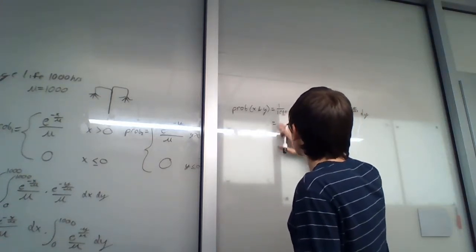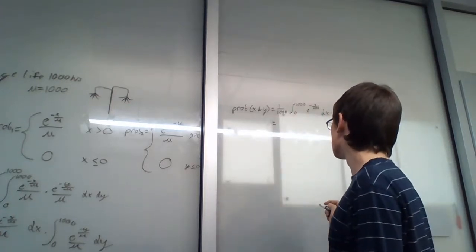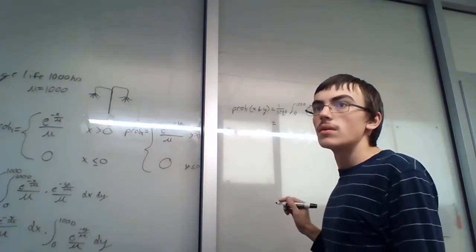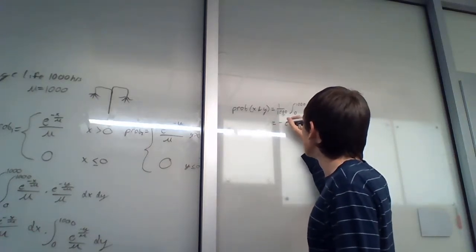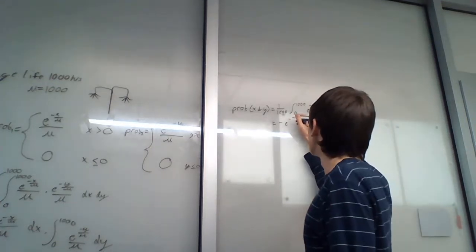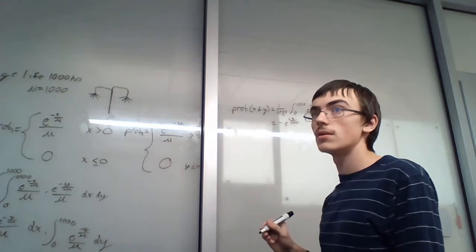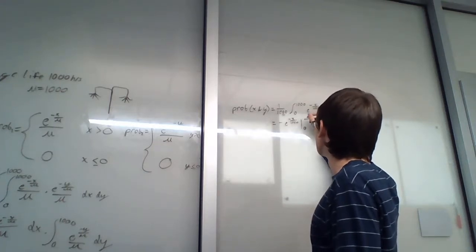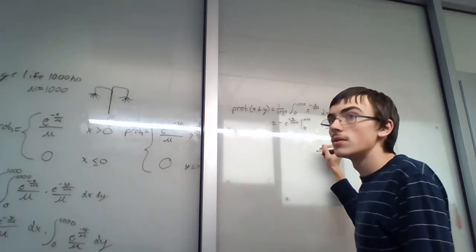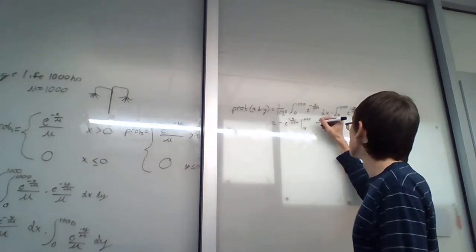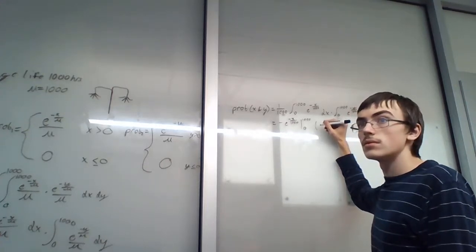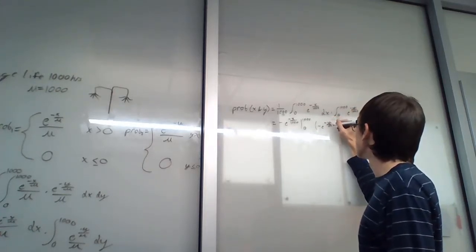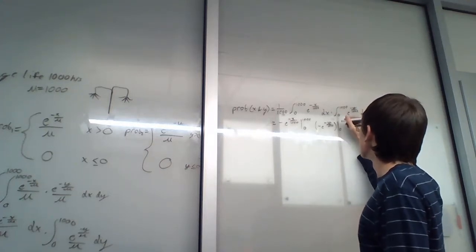This becomes negative e to the negative x over 1,000 evaluated from 0 to 1,000 times negative e to the negative y over 1,000 evaluated from 0 to 1,000.